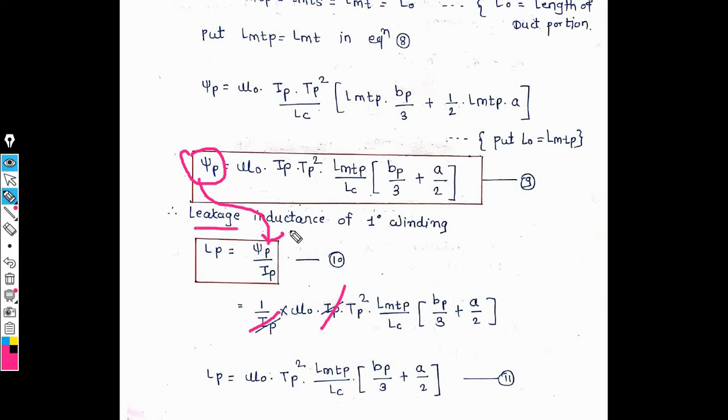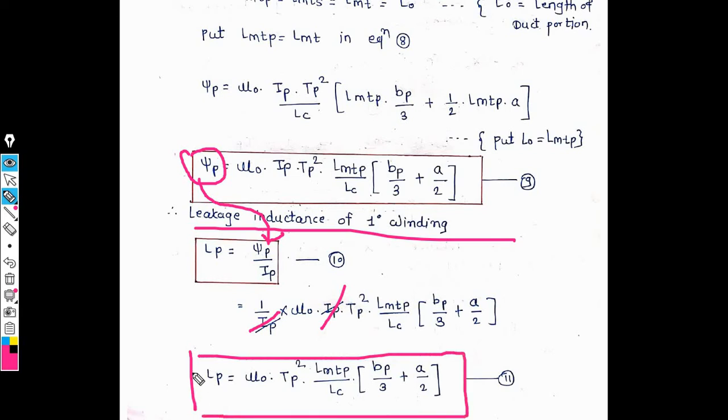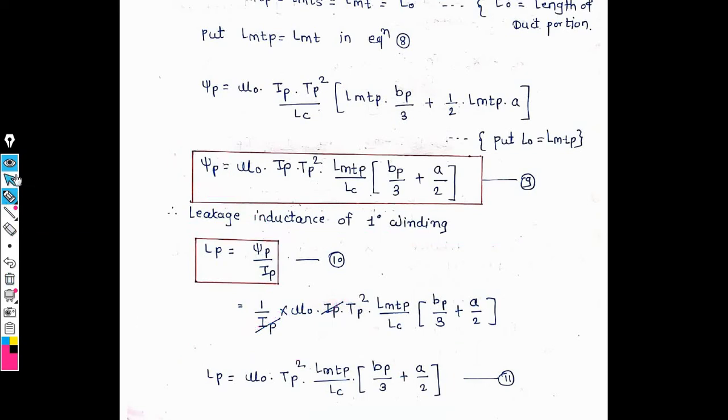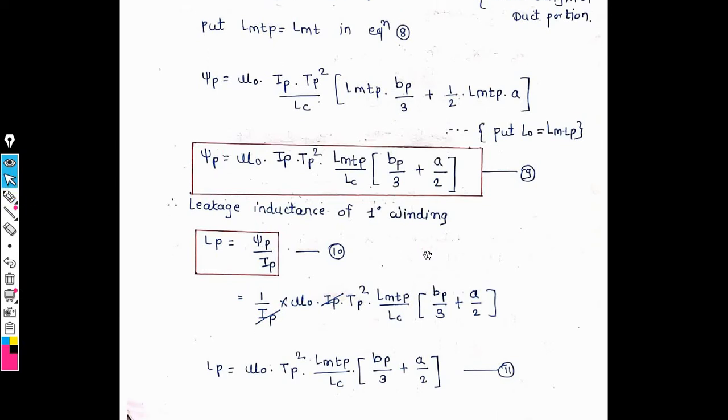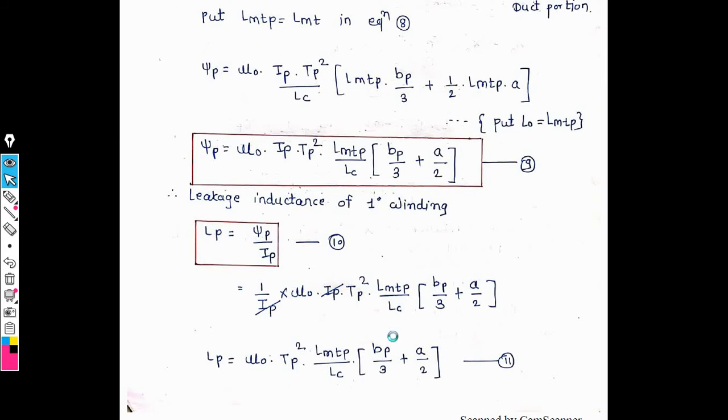This is the leakage inductance of the primary winding, the expression where LP is equal to psi p upon IP, after putting the value of psi p and rearranging.